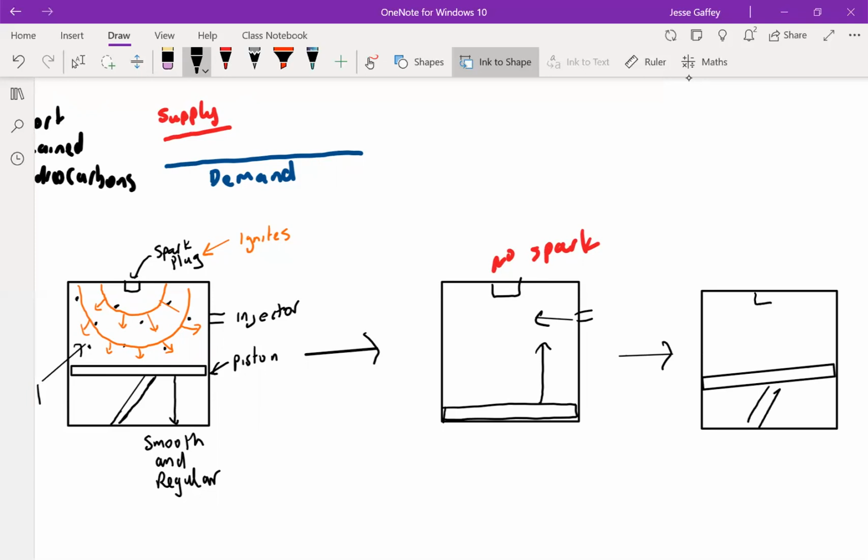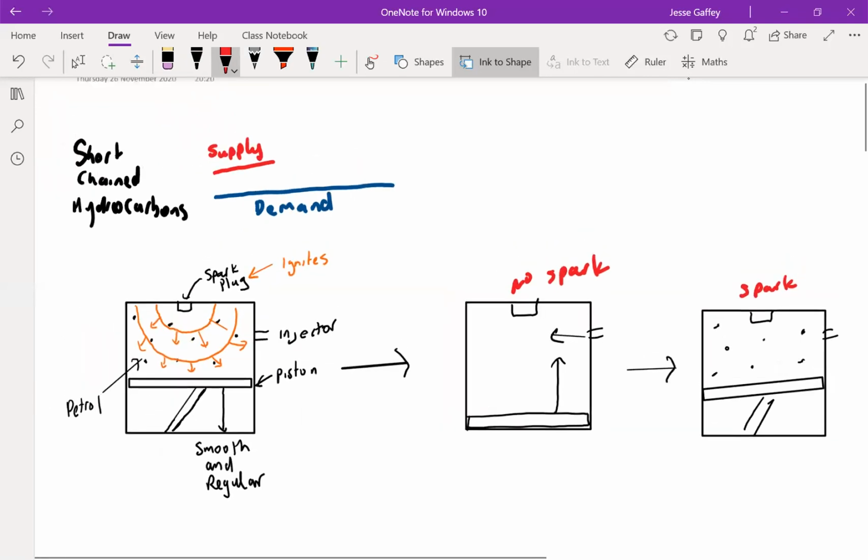We have our spark plug ready to spark again. We have our fuel air mixture filling back up the chamber. And we have a new spark. And this piston goes back down and repeats its process up and down, up and down.